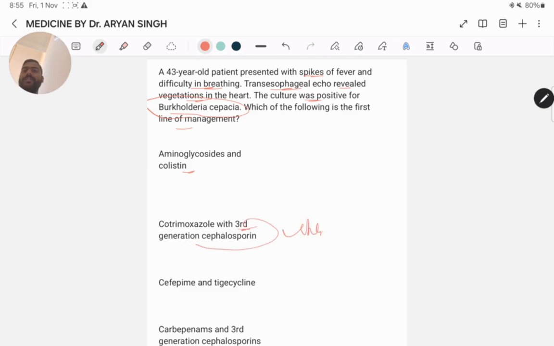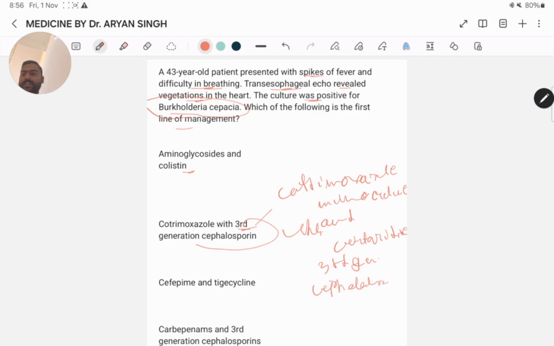This one is the answer, because the first line agents used in the management of Burkholderia cepacia complex, BCC, infection are cotrimoxazole, which is trimethoprim with sulfamethoxazole, and ceftazidime, a third generation cephalosporin.